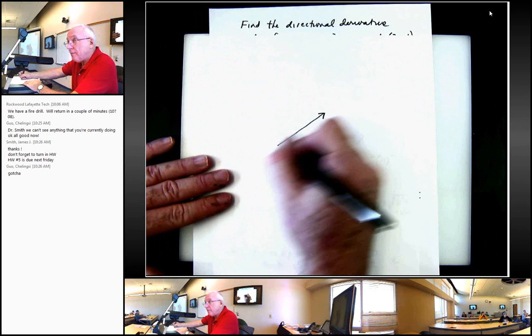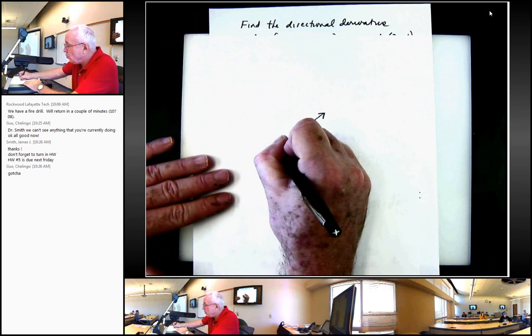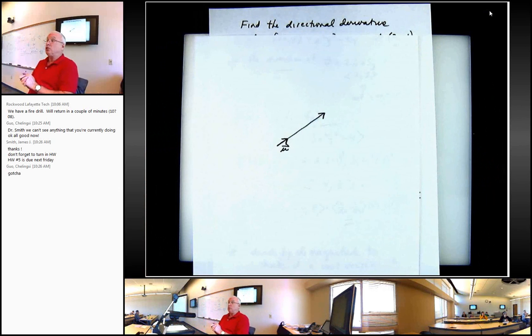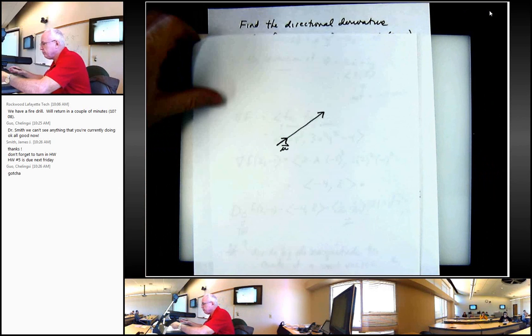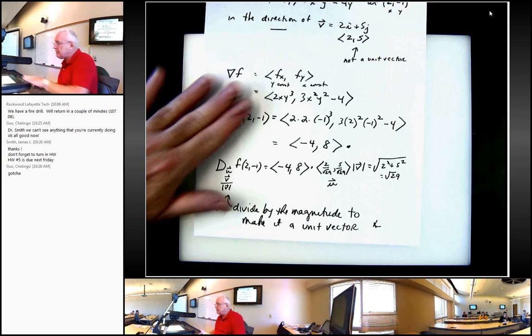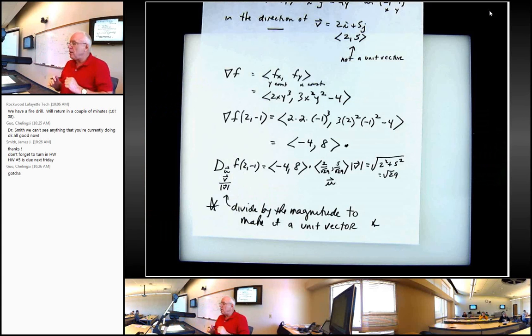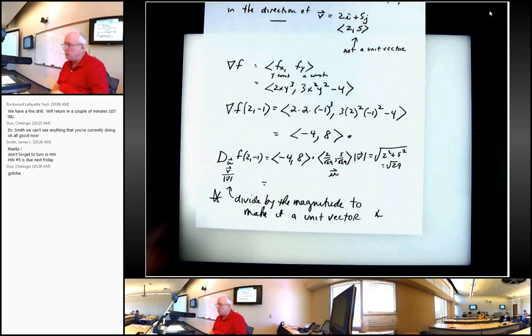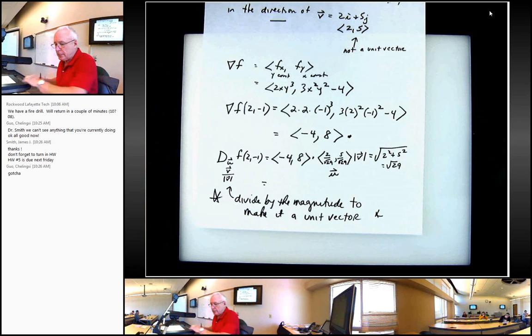But if we divide by the magnitude, we can then have a unit vector. And it's going in the same direction. Okay. So that's the deal. It's going to be in the right direction, but we have to divide by the magnitude to make it a unit vector.